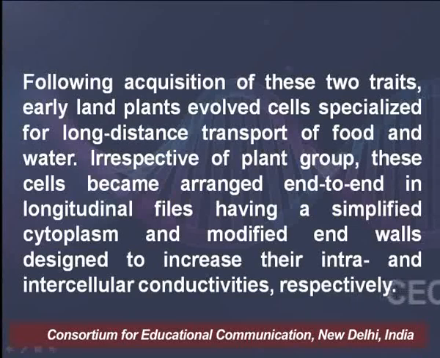Following acquisition of these two traits, early land plants evolved cells specialized for long distance transport of food and water. Irrespective of plant group, these cells became arranged end to end in longitudinal files having a simplified cytoplasm and modified end walls designed to increase their intra and intercellular conductivities respectively.